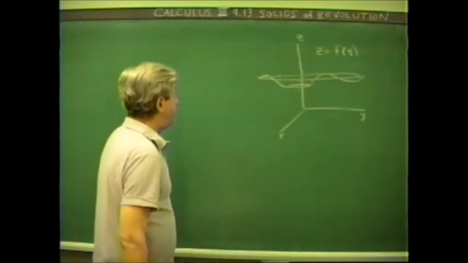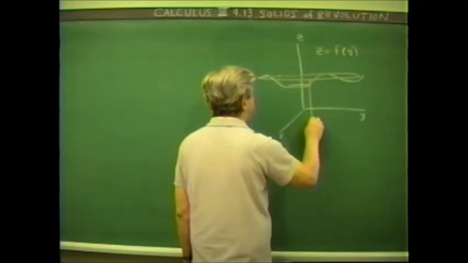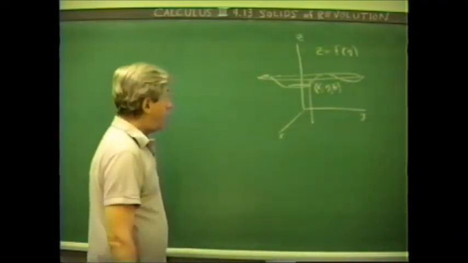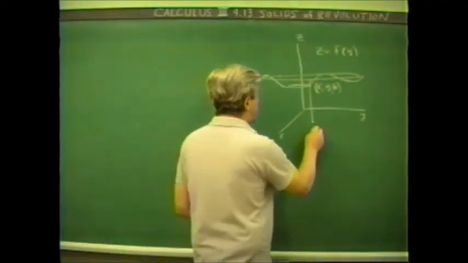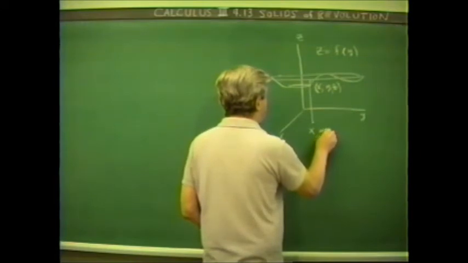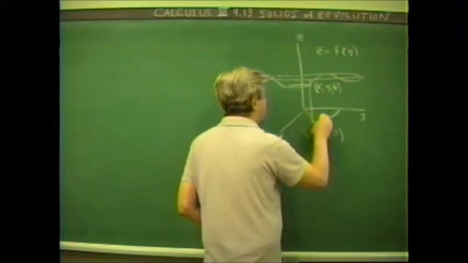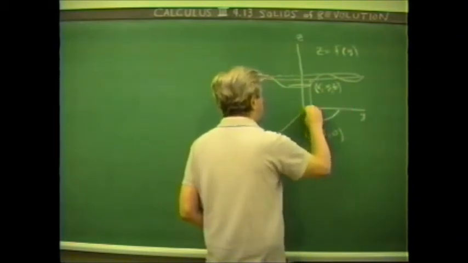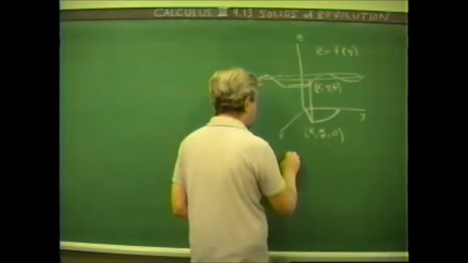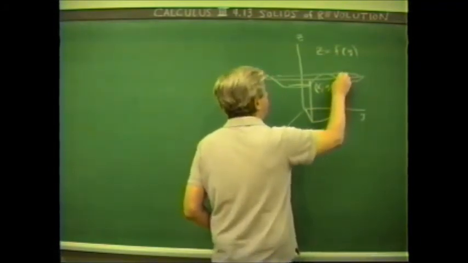And now, what does it take for a point to get on the surface? Say this point right over here, what does it take to get on the surface? Well, this is the point x, y, z. Then this is the point x, y, 0. And if we rotate this over here like this, so that this is the same distance, we should have that this height, z, is the value of the function over here.